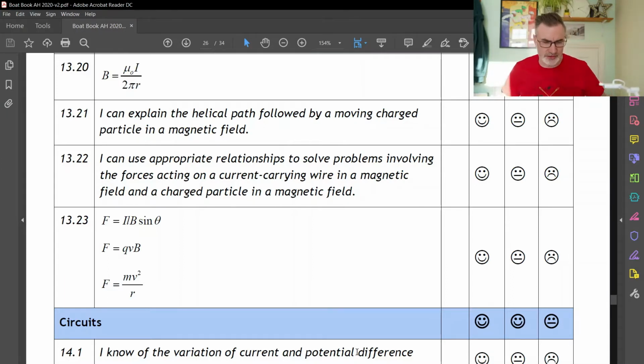And obviously your two force equations. The F equals QVB is technically new to you in this unit, but Mr. Forward should have done F equals QVB in particles with you.